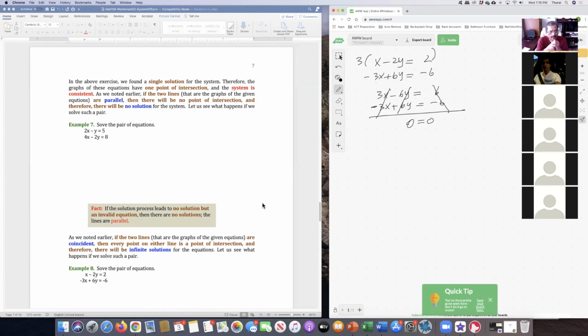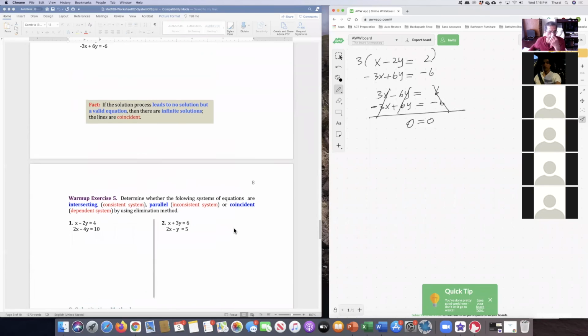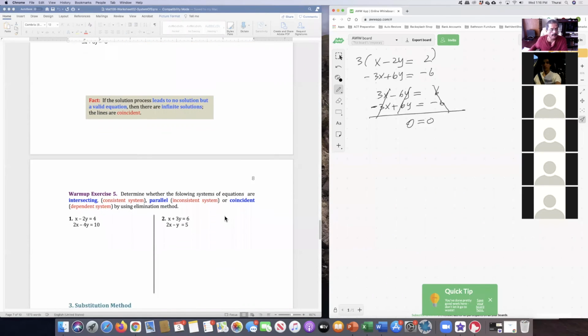If the solution process ends up giving you a valid equation like 0 equal to 0, but doesn't lead to any solution, that indicates the system is coincident. So we can use this method to determine what kind of system it is.